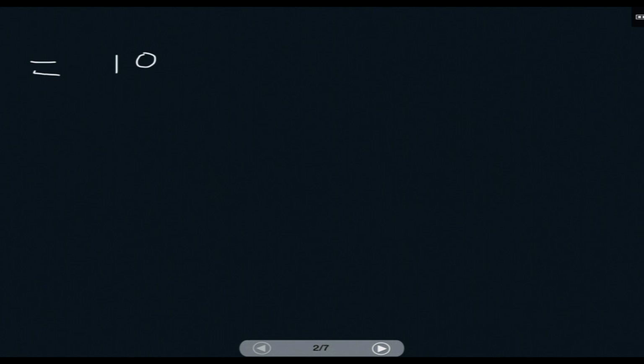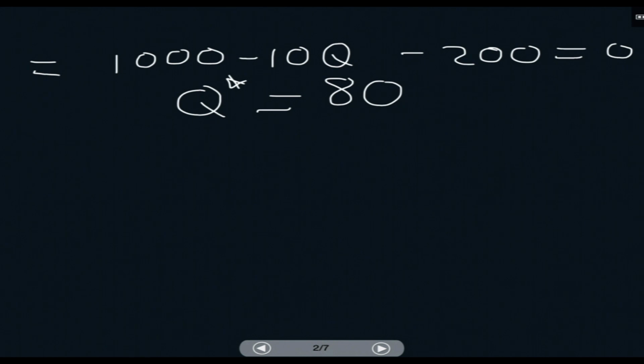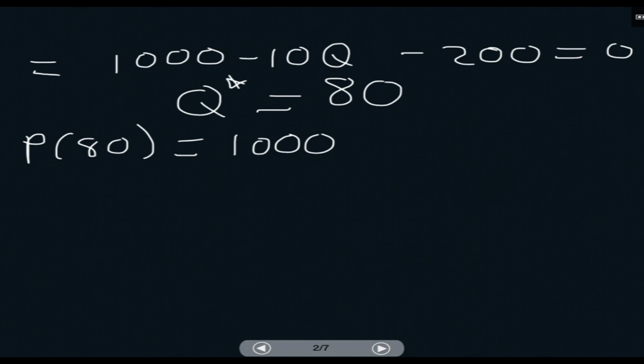We're going to get 1,000 minus 10Q minus 200. And then setting that equal to 0 and solving, that tells me that the profit maximizing quantity is 80. Now I can go back and solve for the price that's associated with that quantity by just going back to the demand curve. So I'm going to figure out what price is when quantity is 80. So that's going to be 1,000 minus 5 times 80.